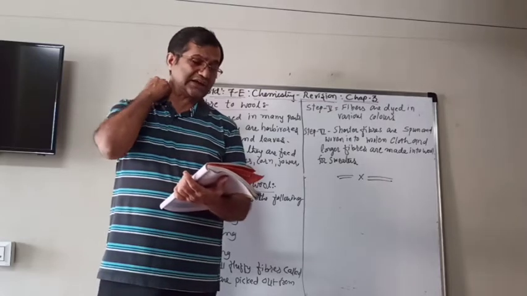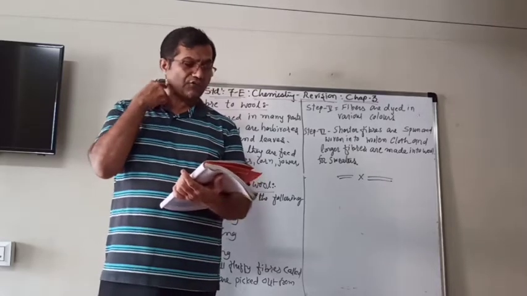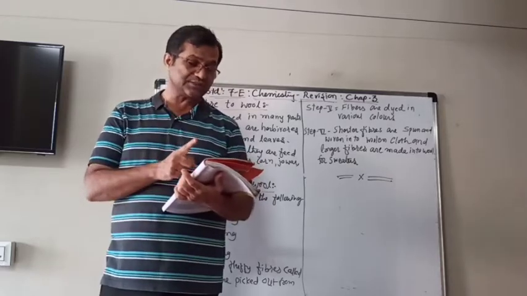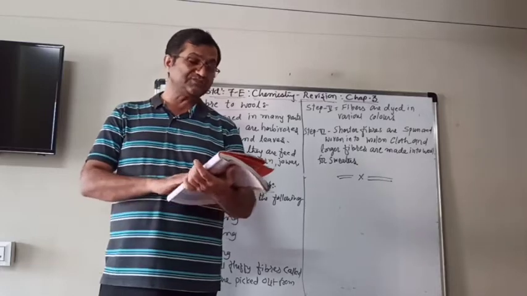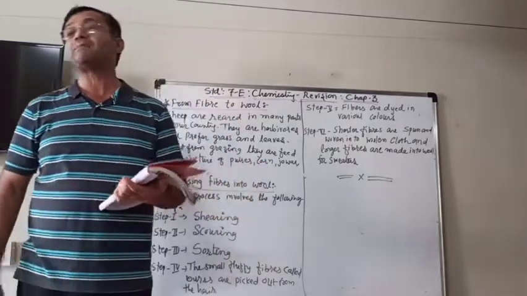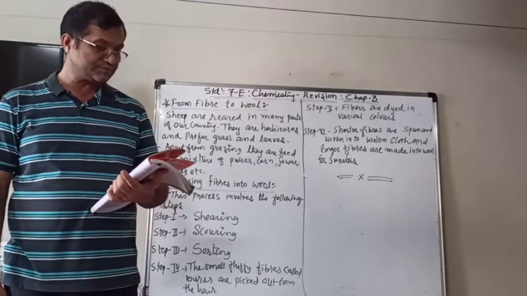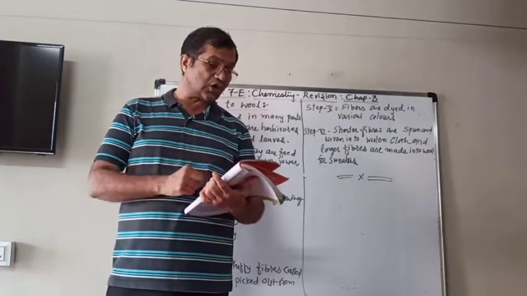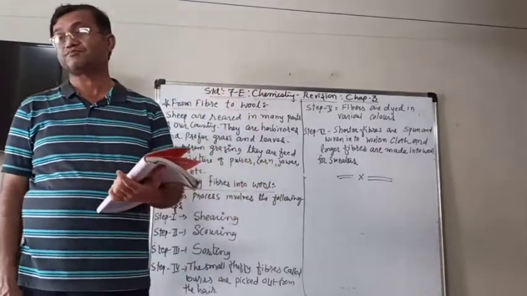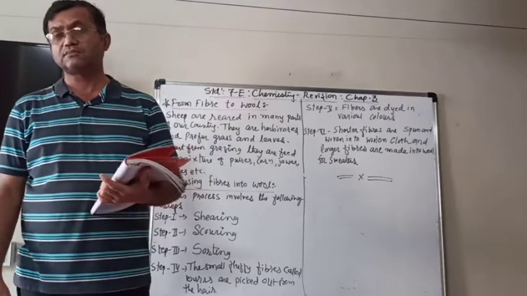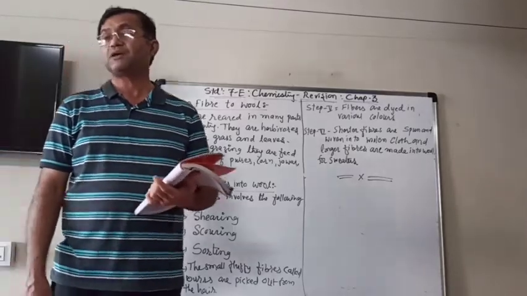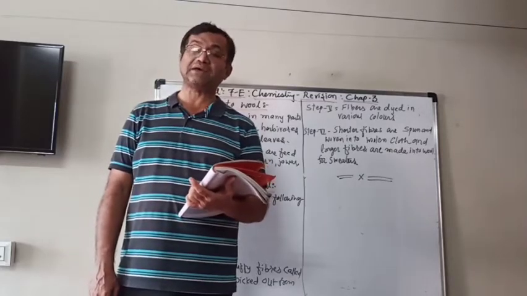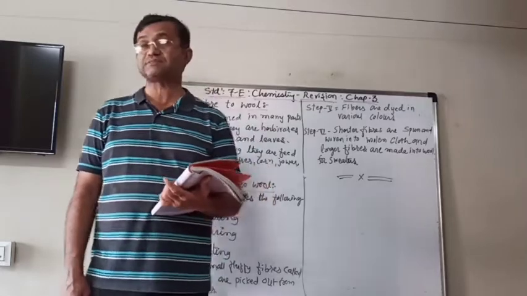Wool industry is an important means of livelihood for many people in our country, but the sorter's job is risky as sometimes they get infected by a bacterium called anthrax, which causes a fatal blood disease called sorter's disease. During the sorting process, sometimes they get the infection, especially from the bacteria known as anthrax.